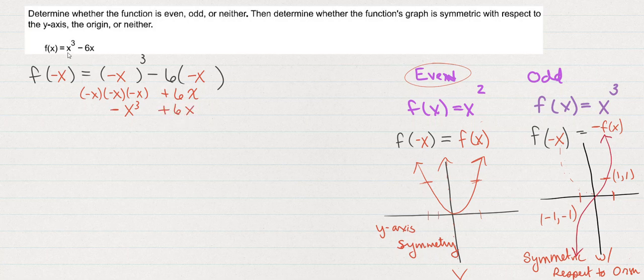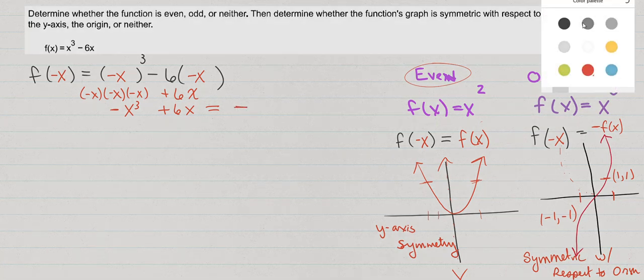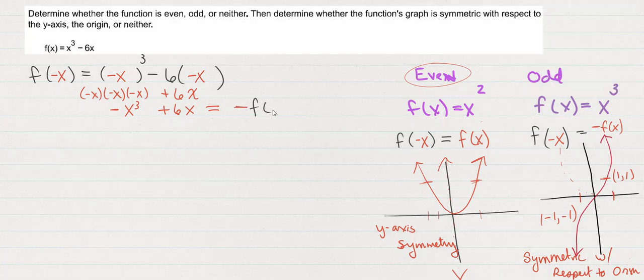Notice that we've got the opposite of x cubed and the opposite of negative 6x. So what we can say is that this is equivalent to the opposite of f of x. Once again, why am I saying that? Because this positive x cubed is now negative, and this negative 6x is now positive.